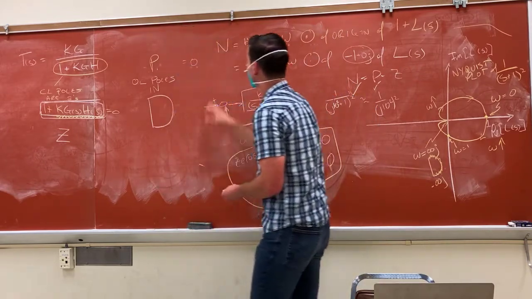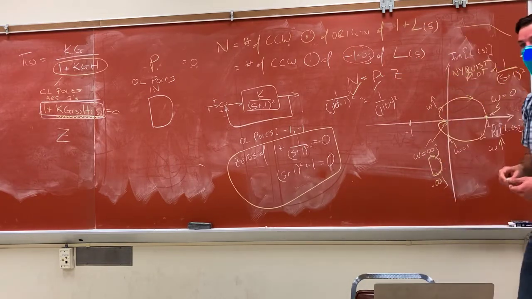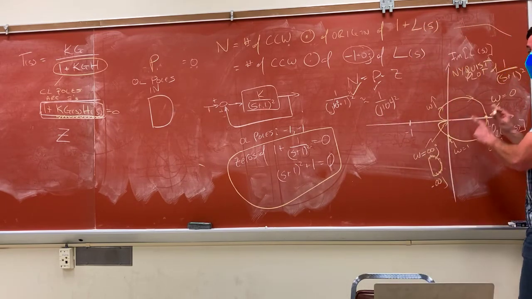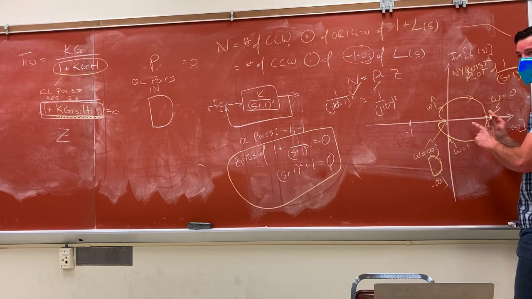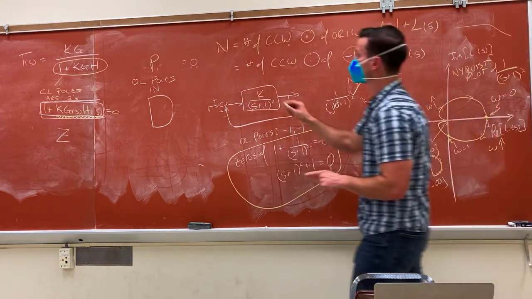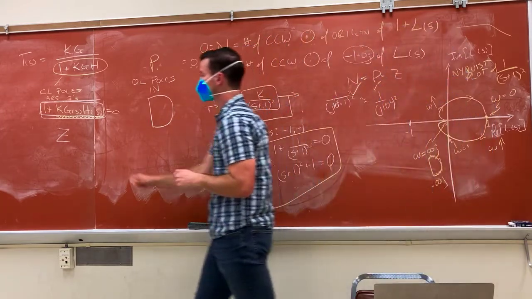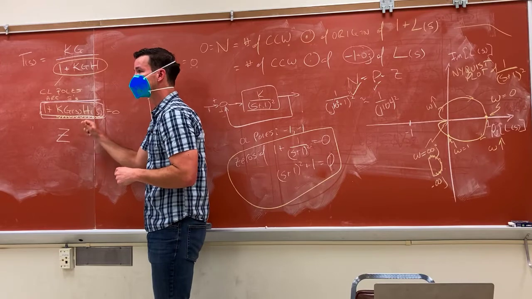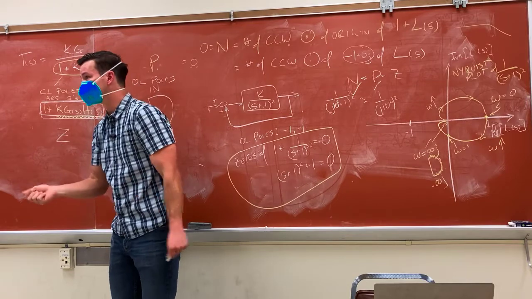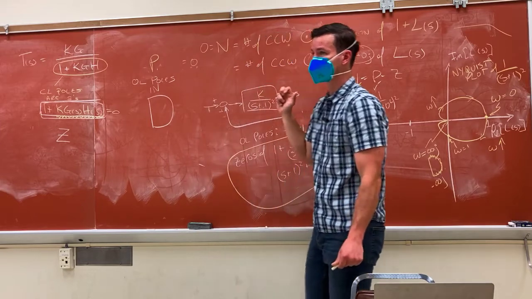N was the number of encirclements of -1 of L of s, of L of the Nyquist contour, which is this heart-shaped graph. That was also 0. So then the Cauchy principle tells us that Z must be 0. And the interpretation is that Z is the zeros of 1 plus L, which are better known as the closed loop poles, or the number of closed loop poles in the Nyquist contour, which is the right half plane.